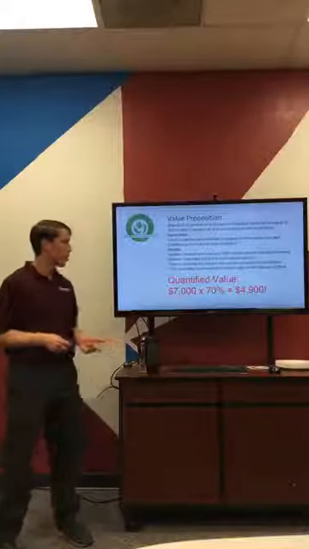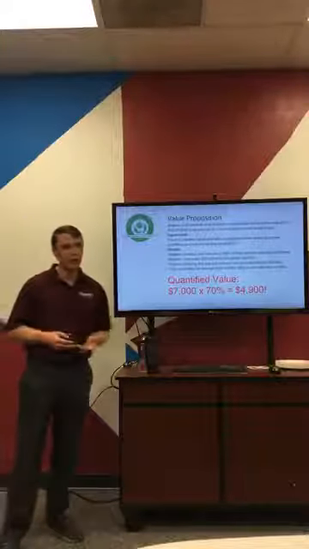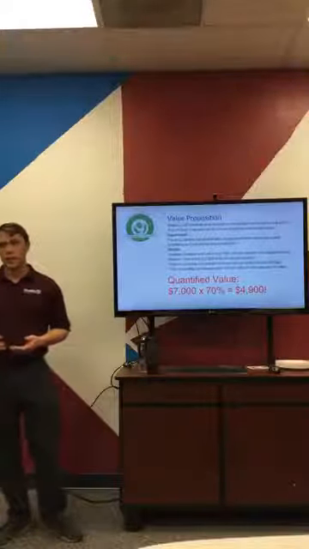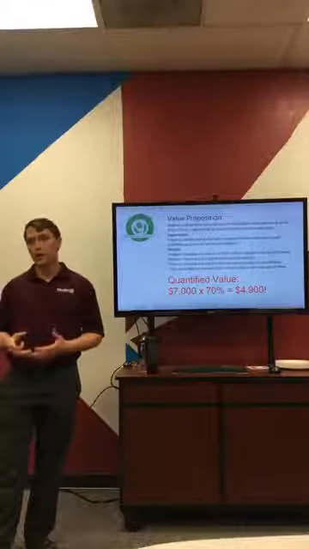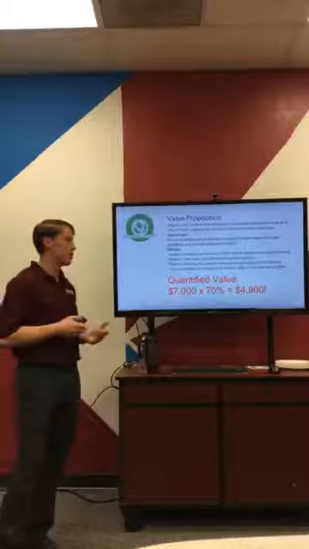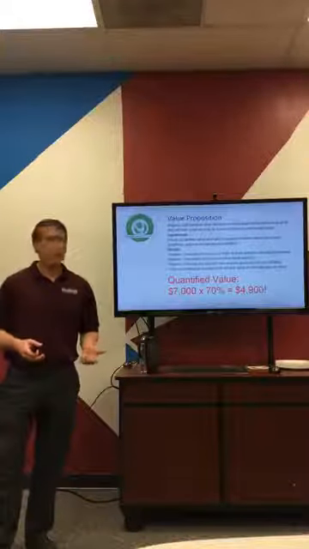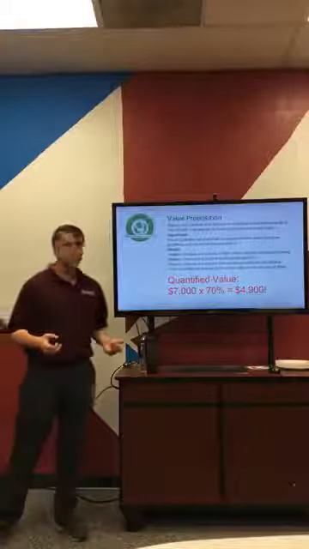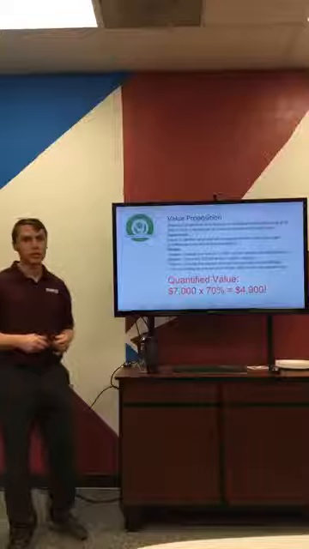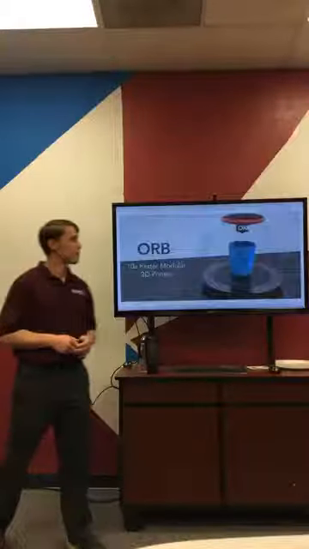So if we do a little bit of quick math, and we figure out that the total value per acre is $7,000 and the potential loss is 70%, if he could save them all of that lost product, then his potential quantified value is $4,900. Does that make sense how we got to that? So then if he's selling his product for, let's say, $2,000 an acre, and the value that he provides is $4,900, that's a pretty easy decision, we think, for the farmers to make.